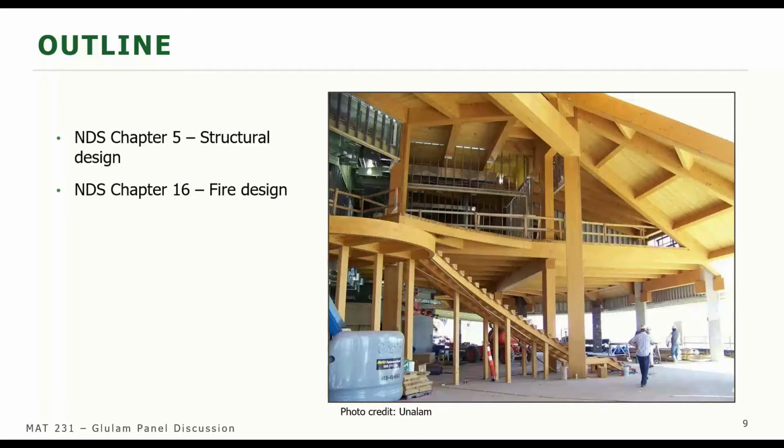The first chapter we're going to take a look at is Chapter 5, which deals with a lot of the structural design requirements for Glulam, but also has a few other important references in there. And then I'm going to talk about Chapter 16 a little bit and fire design, with some of the things that you need to pay attention to for fire design of Glulam specifically. After I finish up, I will also address just briefly some connection stuff, but that's really only one slide in Chapter 12.